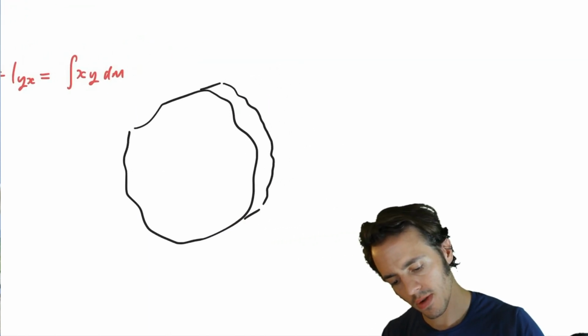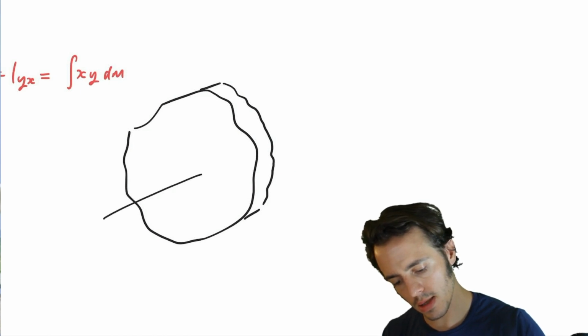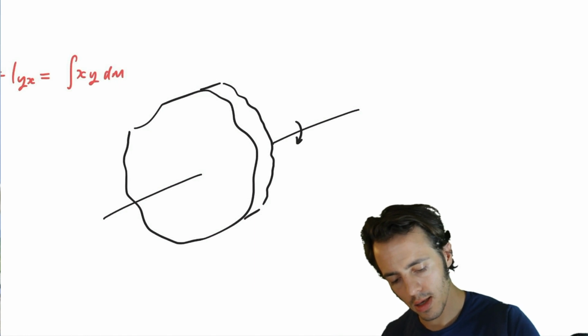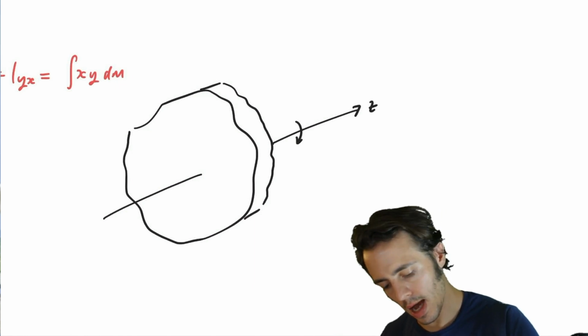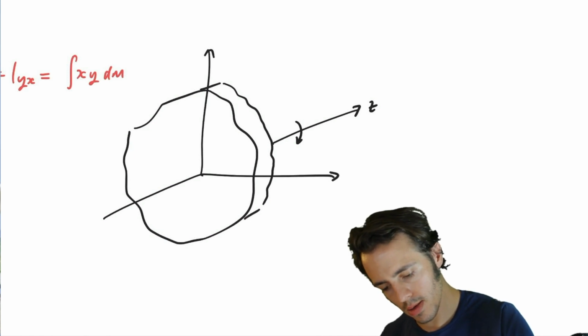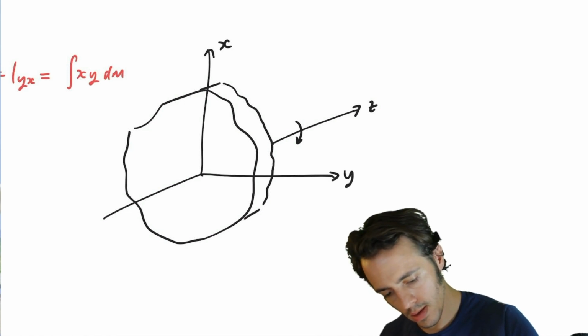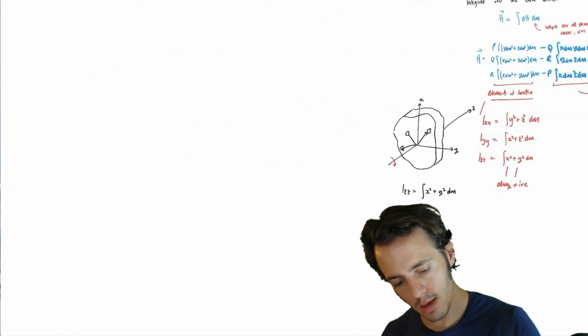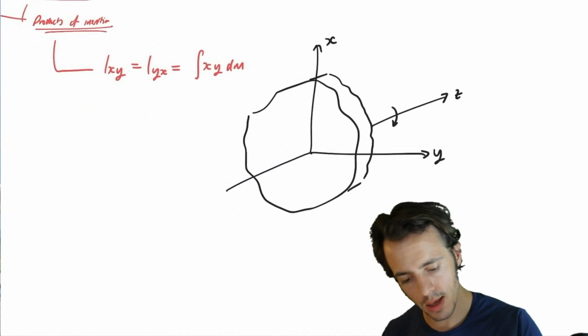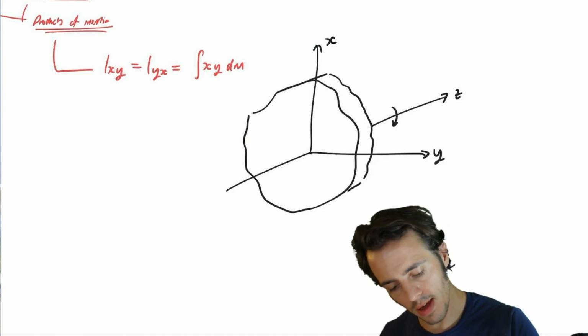So let's say I have an object that is of arbitrary shape, but mostly axisymmetric. For this object, my Ixy, well, if we split things up into four chunks here, here, here, and here.